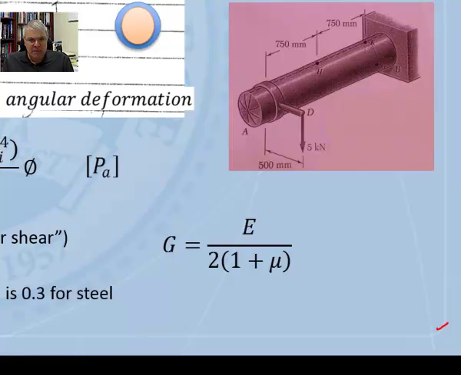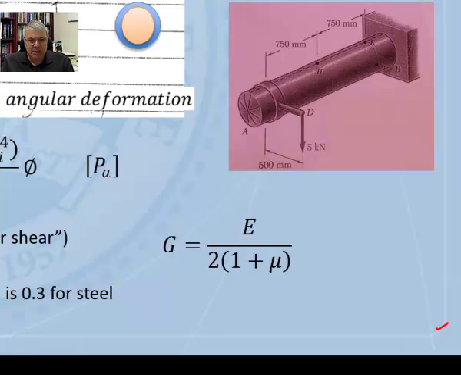So T would be pi times G. G is the modulus of rigidity. Again, that's another term. If you haven't heard of it, modulus of rigidity, also called elasticity under shear, is a measure of how much shear a cross section can take.